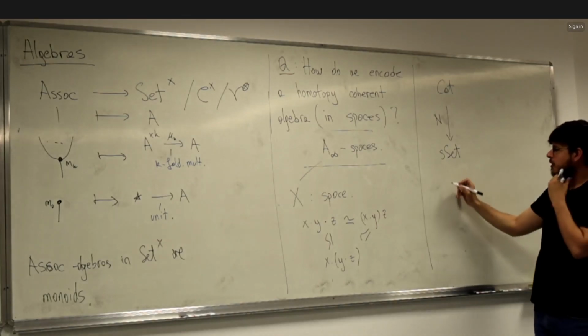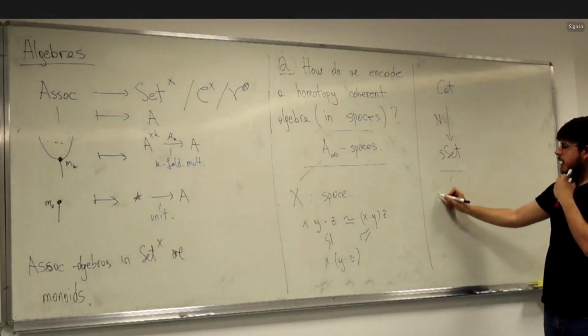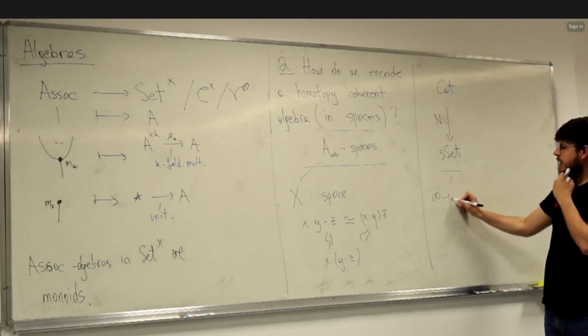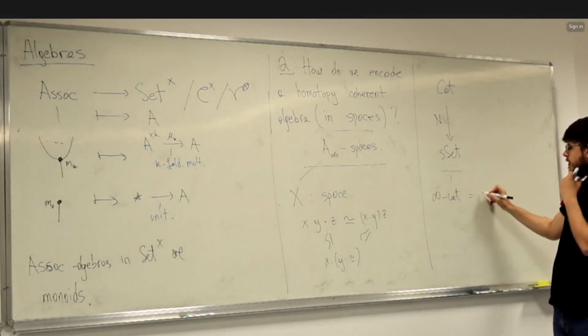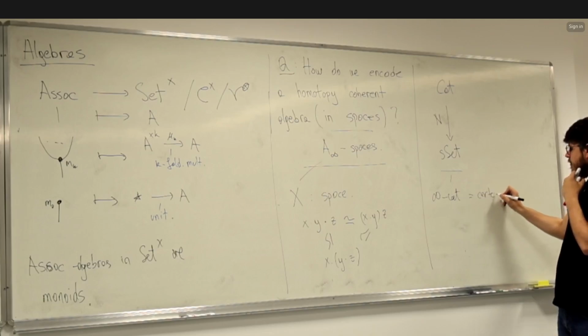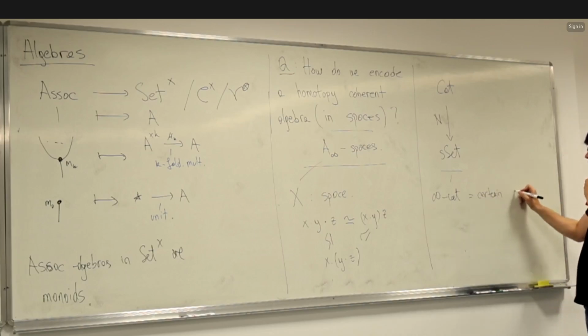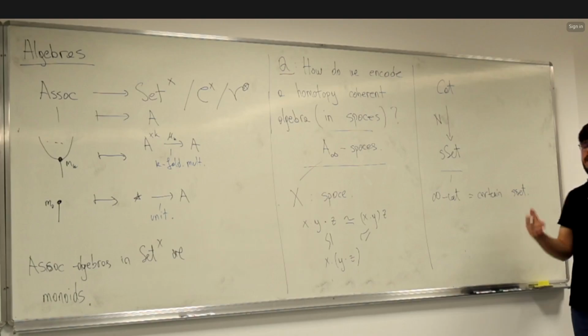So here we say an infinity category is a certain simplicial set, which are quasi-categories, right?